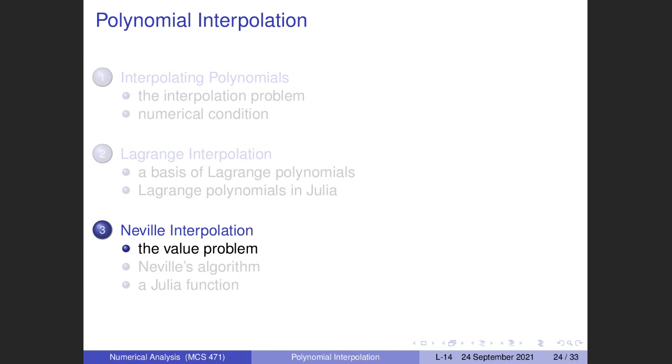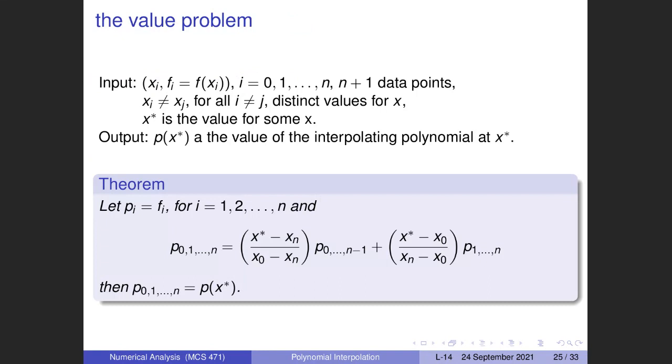Now we can solve this still better if we are interested in only one value of the interpolating polynomial. This often happens. We have observed data points and we want to see what is the in between. So linear interpolation evaluates the action at a line. So here we define this in full generality.